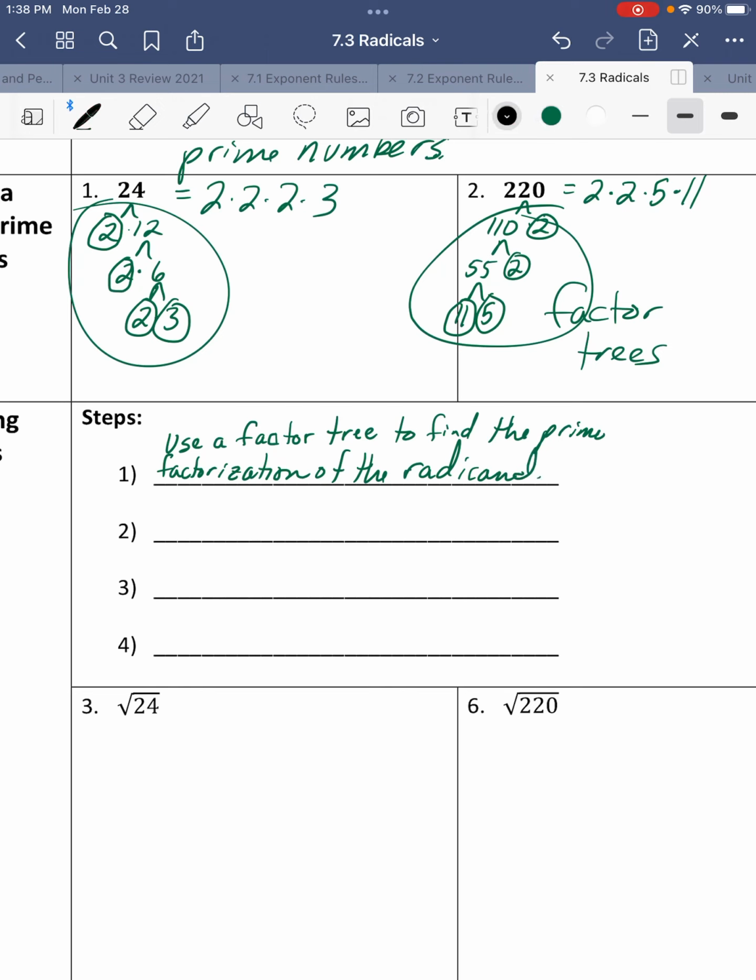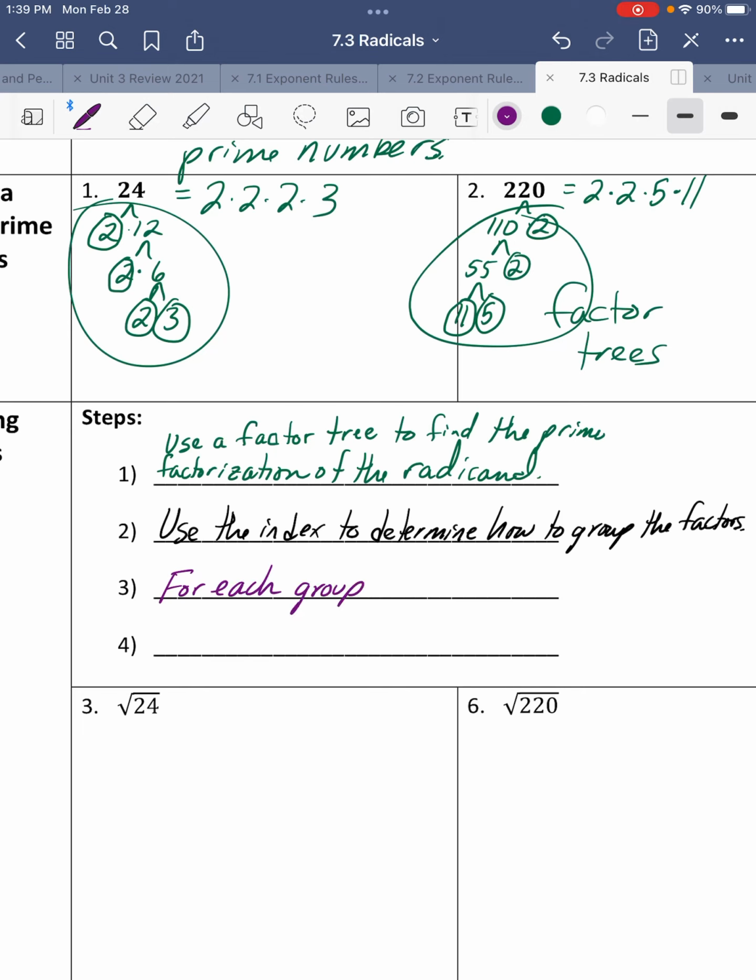Next step, use the index to determine how to group the factors. Next, for each group, one factor is going to leave the radical.